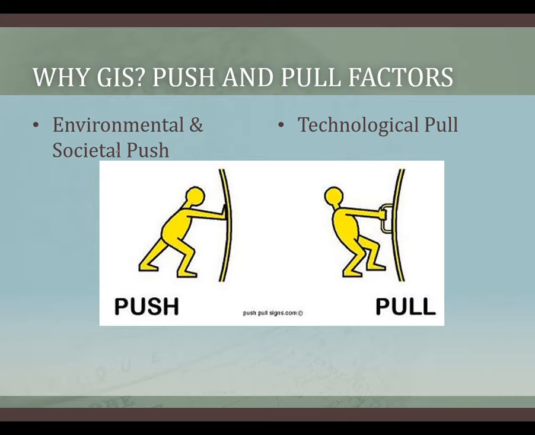The final thing we're talking about in this lecture is something like a philosophical part of GIS. Why did we develop GIS, and why was it so important? Well, we have something called a push and a pull.